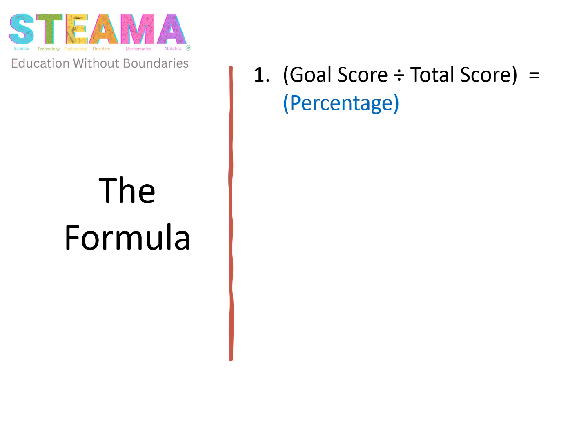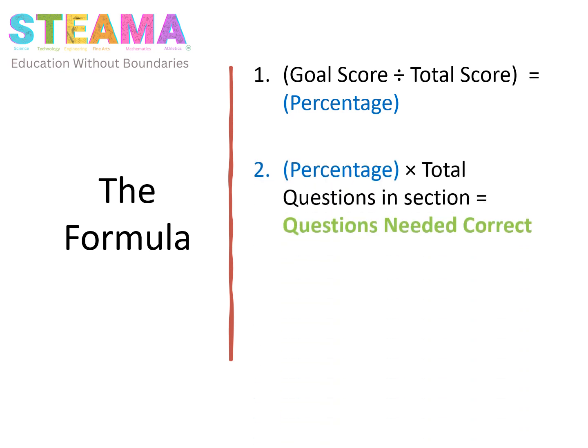That's the score you need to earn for the scholarship, and divide it by the total score possible on the test. This will give you a percentage. Once you determine your percentage, you just multiply it by the total questions in each section, which tells you how many questions you need to get correct on each section of the test.